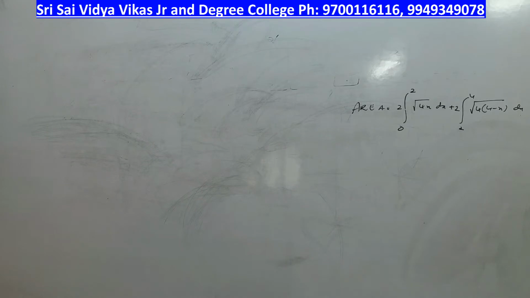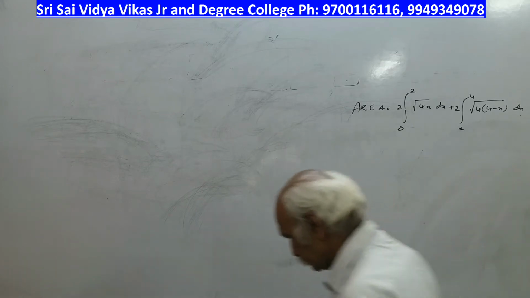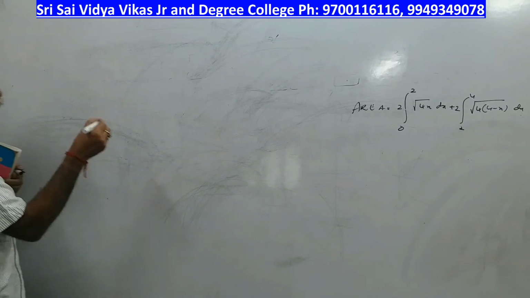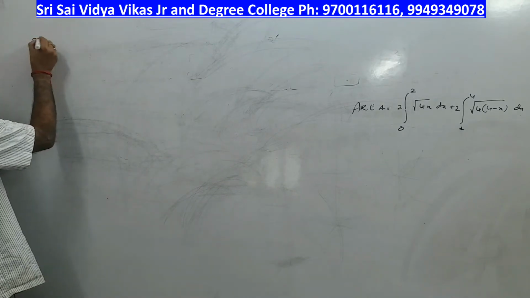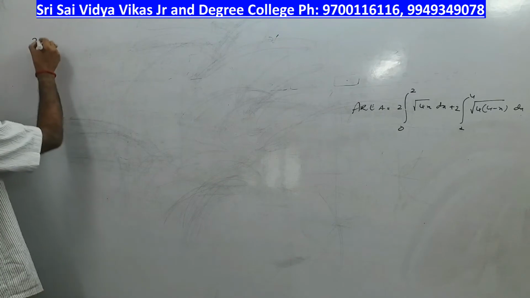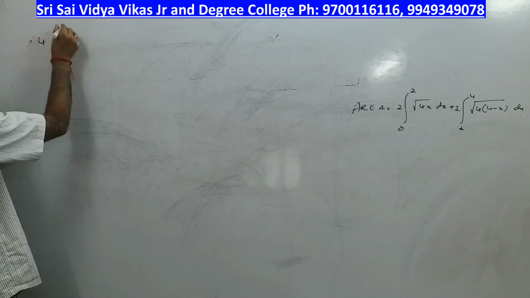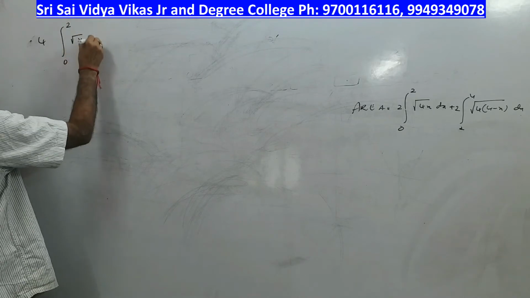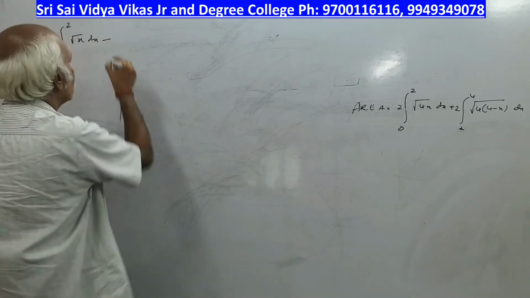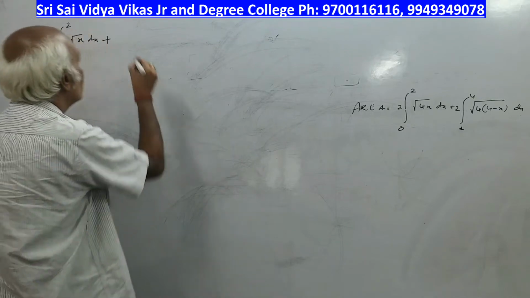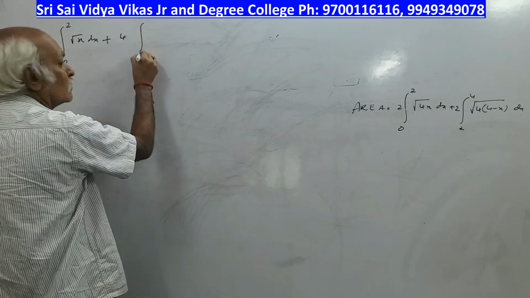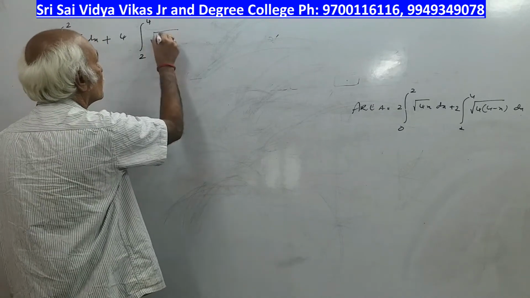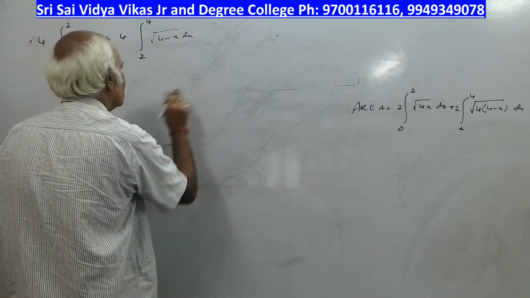Now, so what will happen? Root 4 means 2 will come, so 4 it becomes integral 0 to 2 root x dx plus, again 2 will come, 4, integral 2 to 4 root of 4 minus x dx.